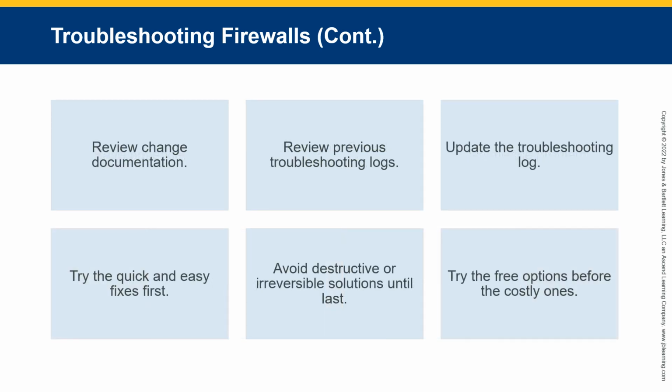You always want to review the change documentation again. You always review those previous troubleshooting logs. Always make sure you're updating your troubleshooting log with the steps you're doing. Go for the low-hanging fruit. Try the basic stuff, the quick and easy fixes first.